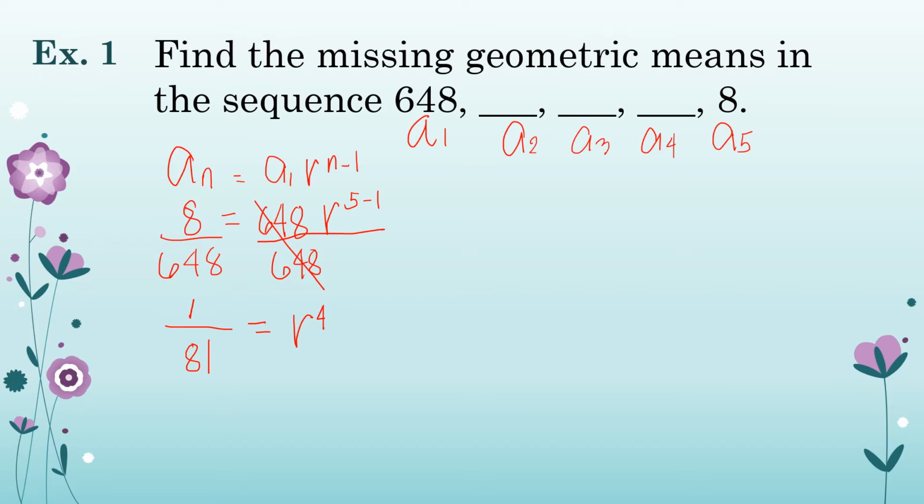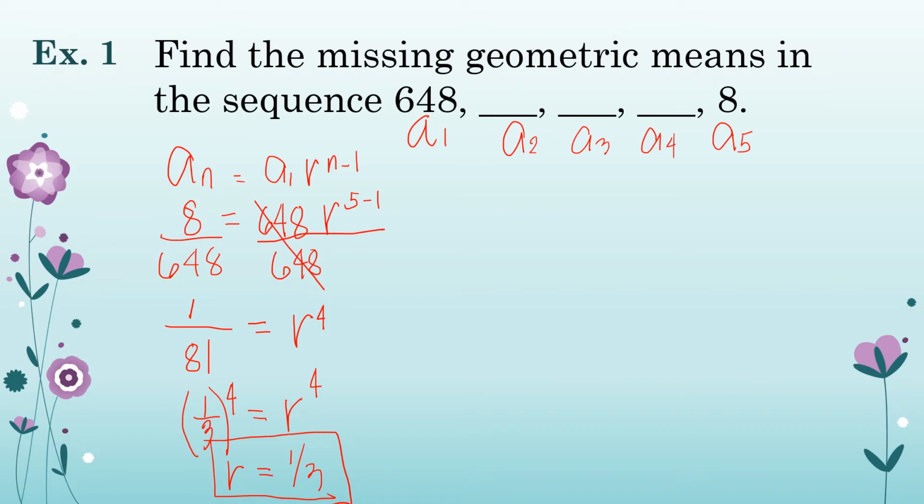So what's next? You can take the 4th root of 1 over 81, or you can express that as 1/3 raised to the 4th power, which is equal to r raised to the 4th power. So therefore, because the exponents are the same, we can simply say that r is equal to 1/3. So we have now the value of r, or that's the common ratio.